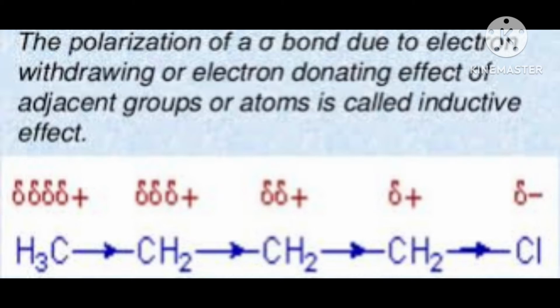A reagent that brings an electron pair is called a nucleophile, Nu. It is nucleus seeking, and the reaction is then called a nucleophilic reaction.